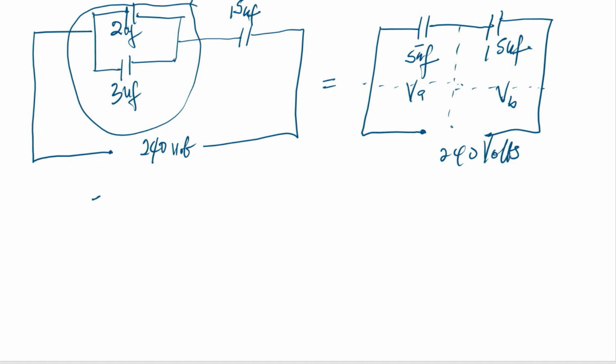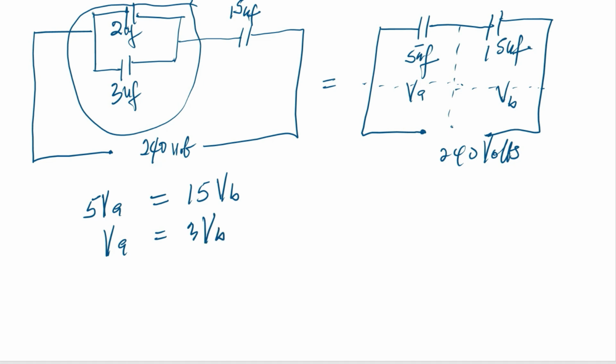Obviously, 5 of my VA will equal 15 of my VB. We're taking a ratio of both sides. So that if 5 of my VA is equal to 15 of my VB, obviously VA will be equal to 3 VB.